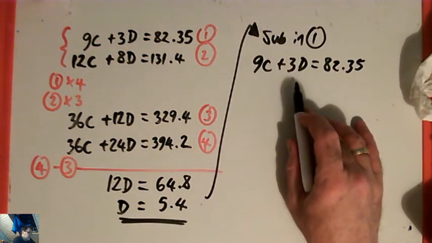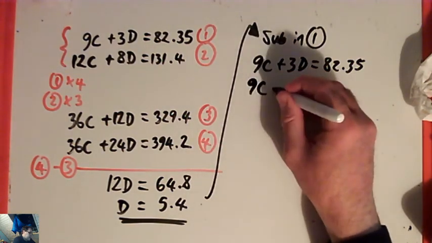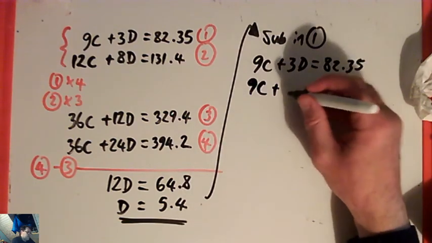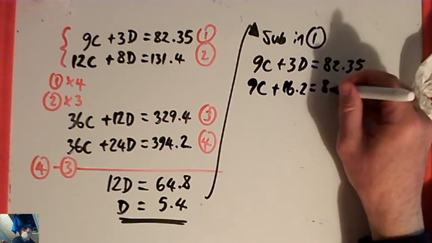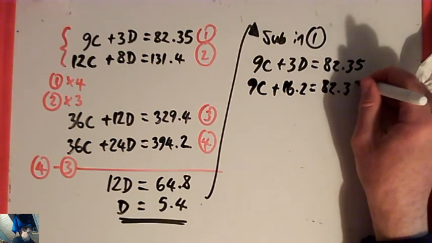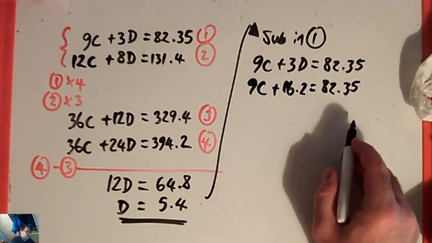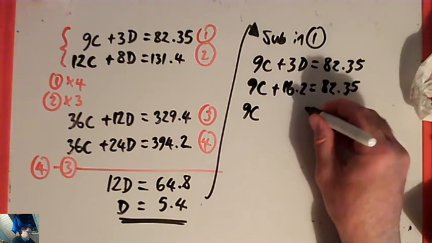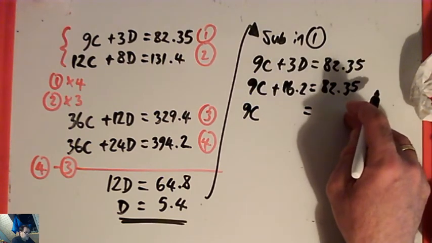We know that d is 5.4 now, so that becomes 9c plus 3 times 5.4 is 16.2 equals 82.35. 9c plus 16.2 equals 82.35. Get the 9c on its own by taking away the 16.2. Got to do the same the other side as well.